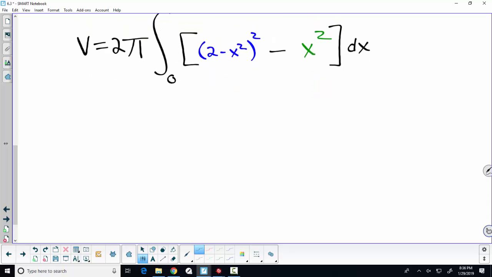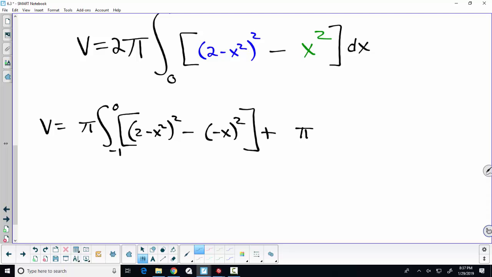So if we didn't utilize symmetry, then it's pi times the integral from negative 1 to 0, 2 minus x squared minus the minus x squared, right?